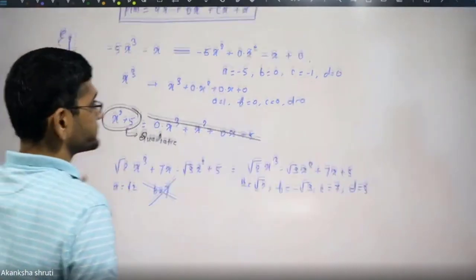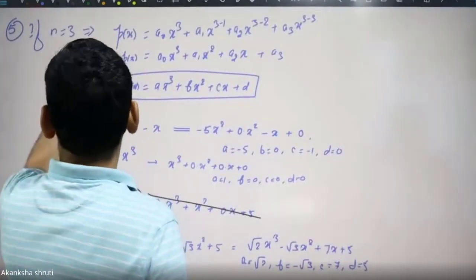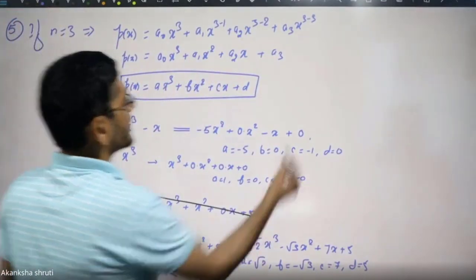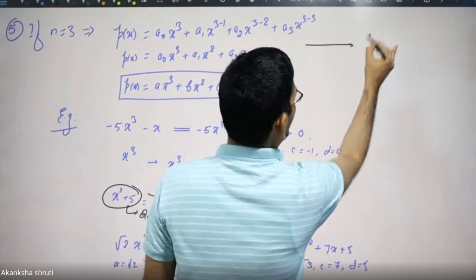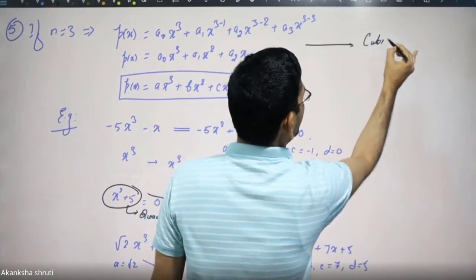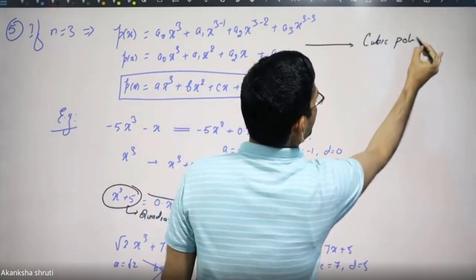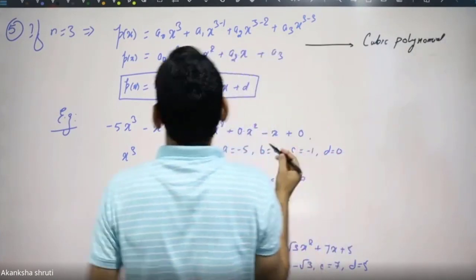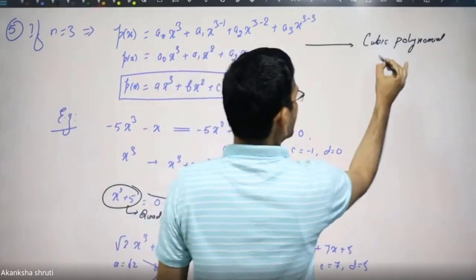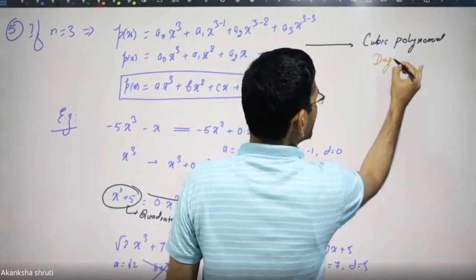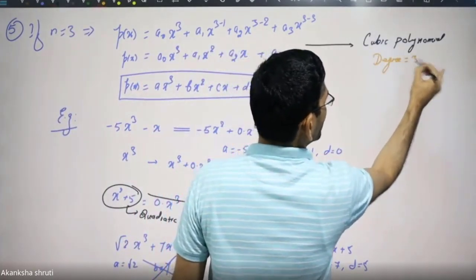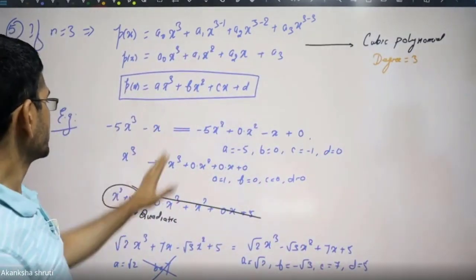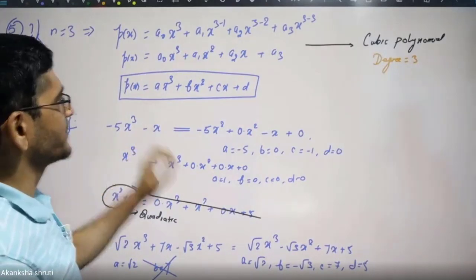It is this one. So what about this 3-degree polynomial? This 3-degree polynomial has a special name. It is called a cubic polynomial. A cubic polynomial means a polynomial of degree 3, meaning the highest power of x present in the polynomial must be 3.